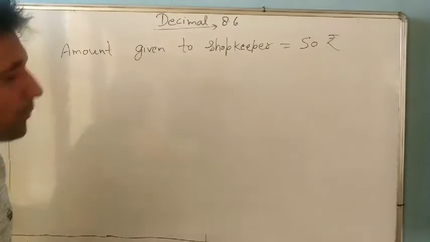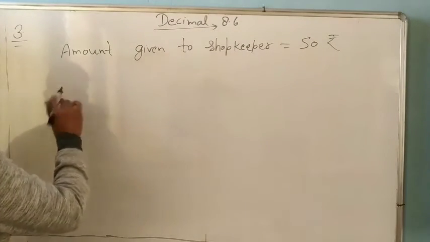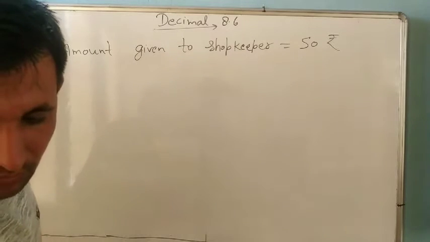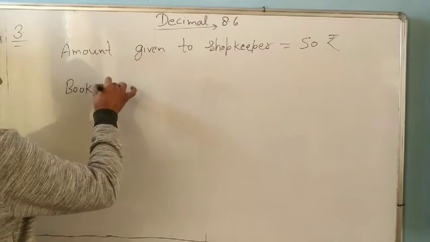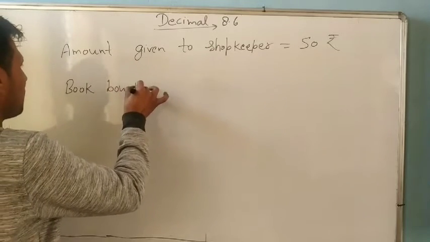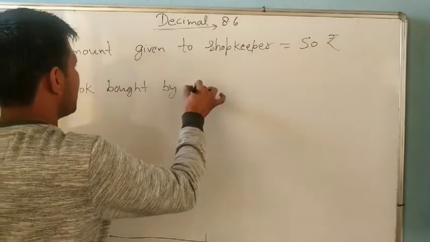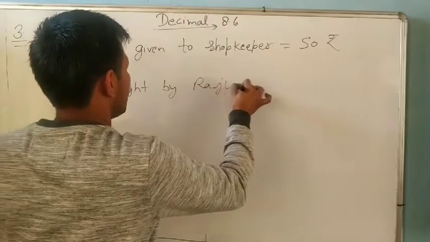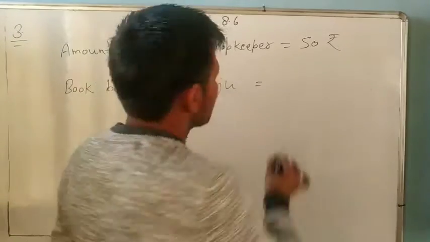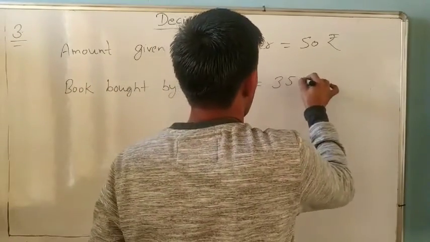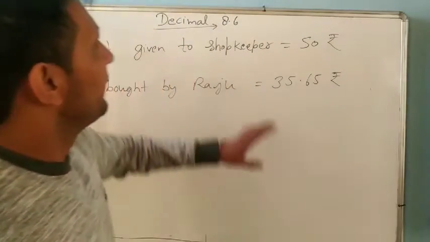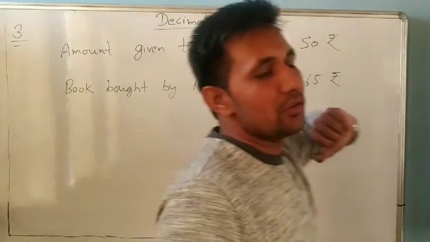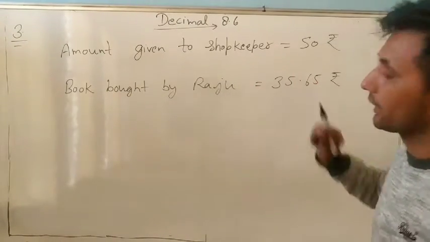And Raju bought a book. So right, book bought by Raju in how much rupees? 35.65 rupees.